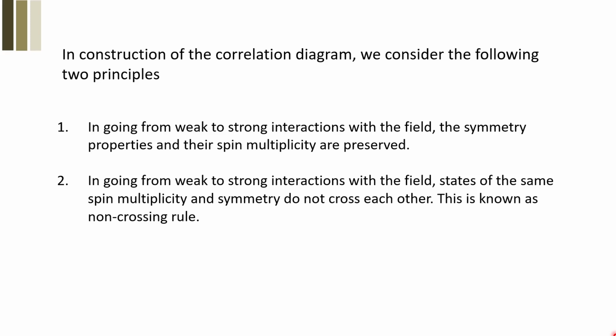This is known as the non-crossing rule, and it is very useful in deciding if we have states of the same symmetry and same multiplicities. Then we do this correlation in such a manner that the two lines do not cross. It will be clear in the coming session.